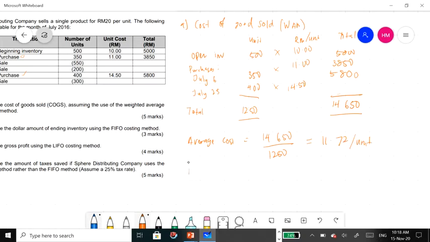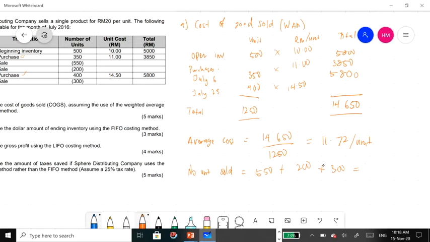So number of units sold equal to 550 plus 200 plus 300.